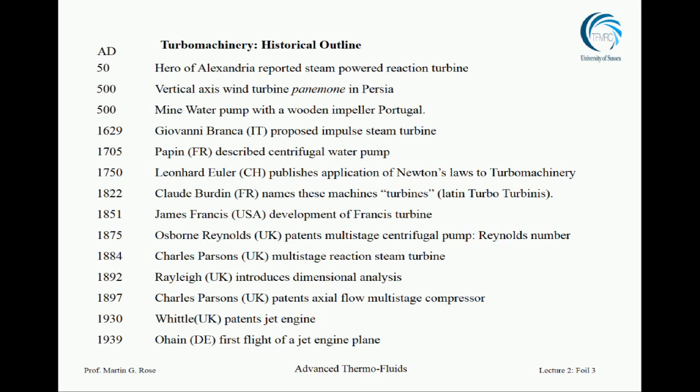We have, from Portugal, a wooden water pump impeller dating back to the year 500 has been found. We have in 1629 Giovanni Branca in Italy, who was talking about impulse steam turbines. I don't know if he made one, which would have been more remarkable, but he certainly described them. In 1705, Papin in France recognizably described a centrifugal water pump and recorded it.